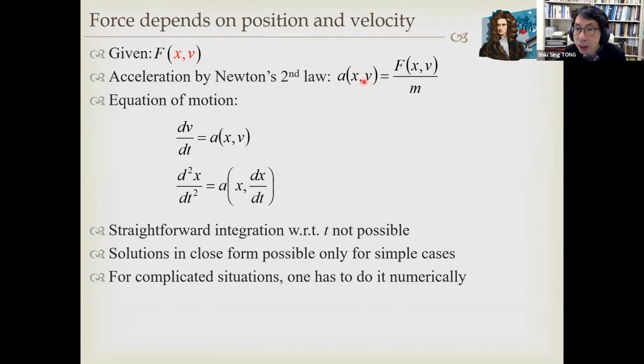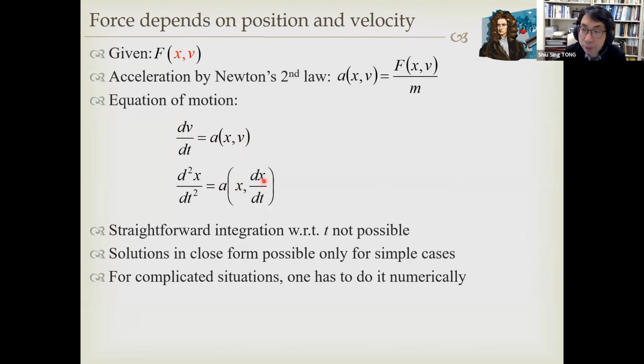Now we can get the acceleration by dividing the force by m, but that is still a function of x and v. And so we got this equation of motion. If you take a deeper look at this equation of motion, you find that on the left-hand side is the acceleration, dv dt. A is a long function, given as a function of x, the position, and also the velocity.